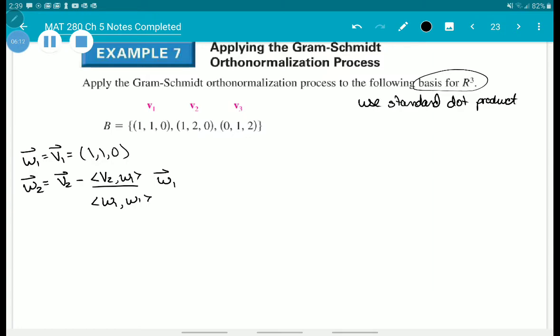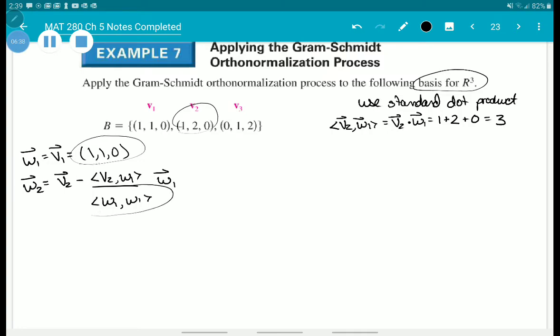If they wanted something else, they would have to tell us what it is. So let's find V2 and W1. So V2 with W1 would be 1 times 1, which is 1, plus 2 times 1, plus 0 times 0.